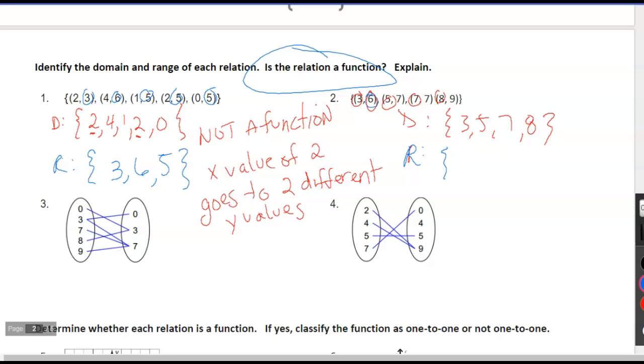So my range is 6, 7, and whether you want to write 7 again or not, it's up to you. 7, we already have that listed as included in our range, and 9. So did my x ever repeat? No, it didn't. So this one here, this is a function.